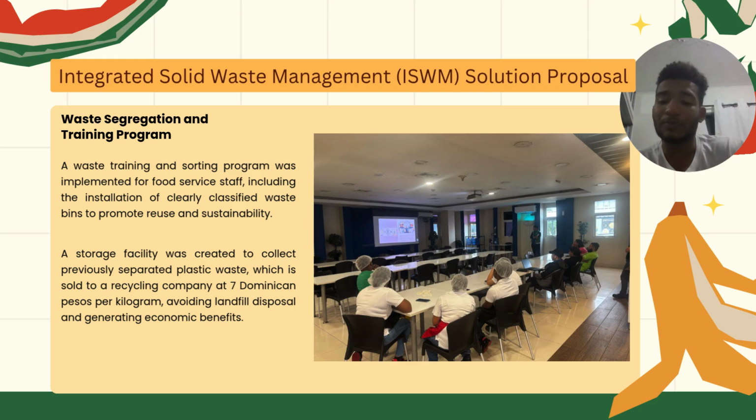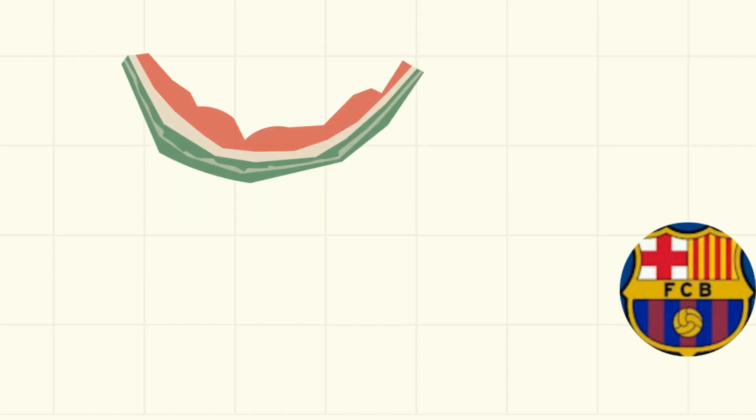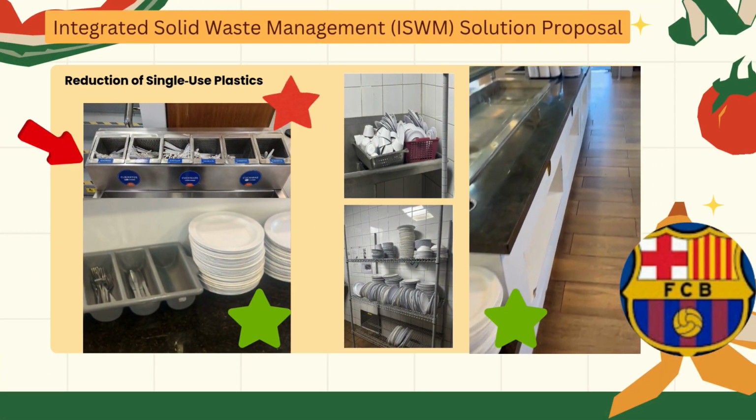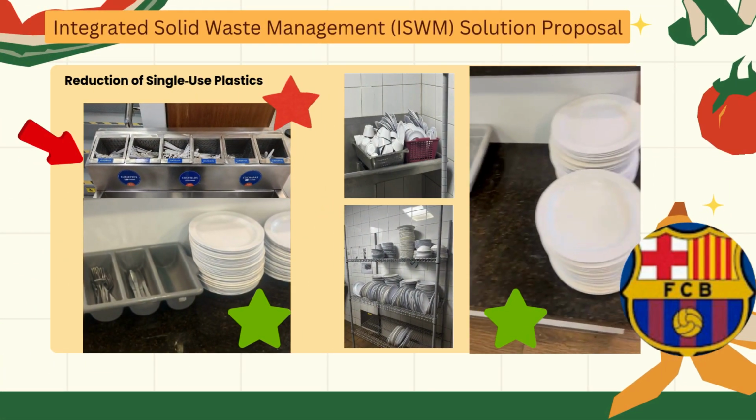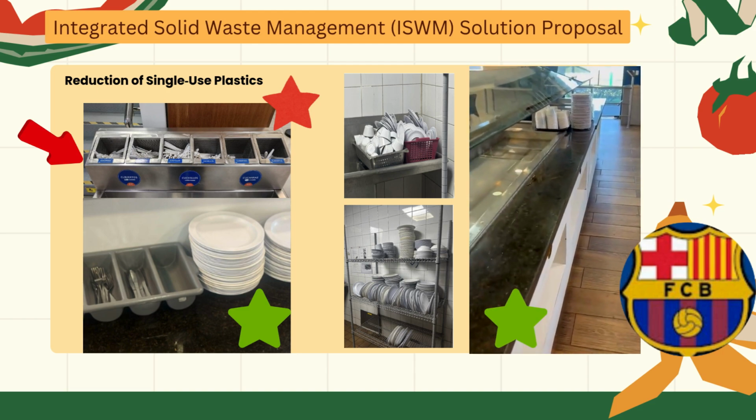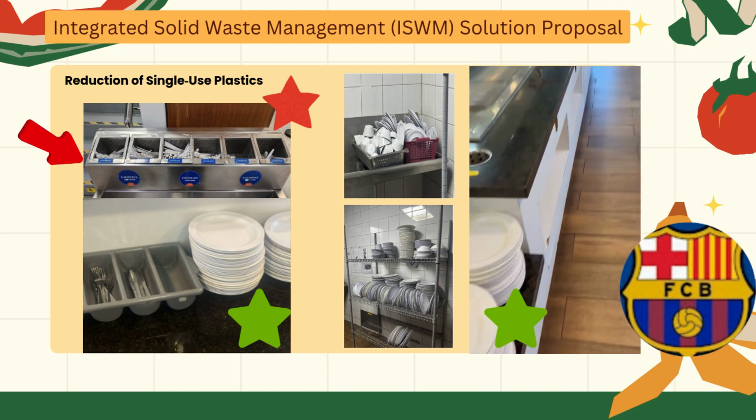Additionally, a storage facility was created to collect separated plastic waste. This plastic is sold to recycling companies, generating economic benefits for our company and reducing the environmental impact. The next step is organic waste, such as food scraps. Those are properly separated and stored in designated bins.